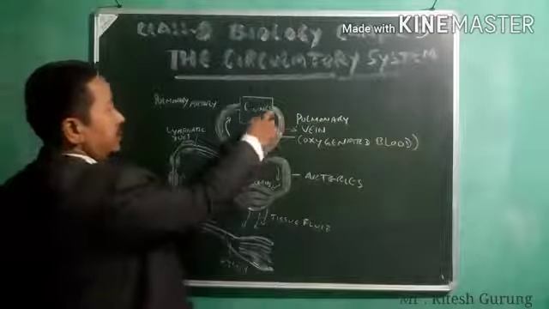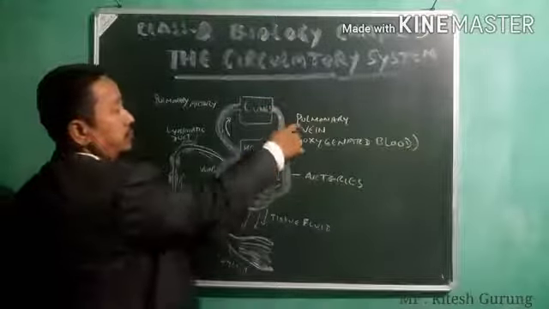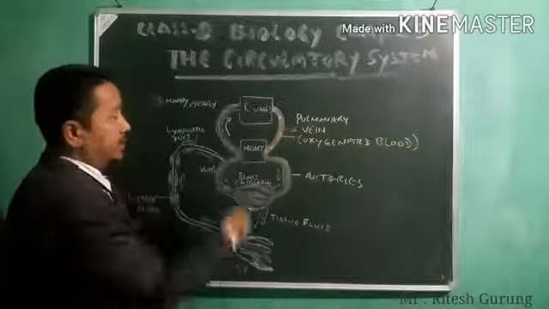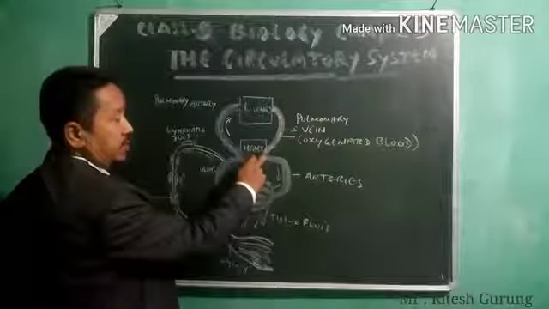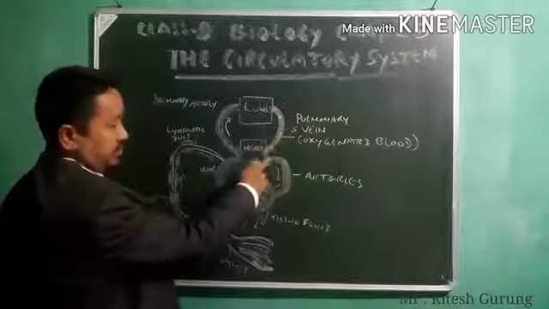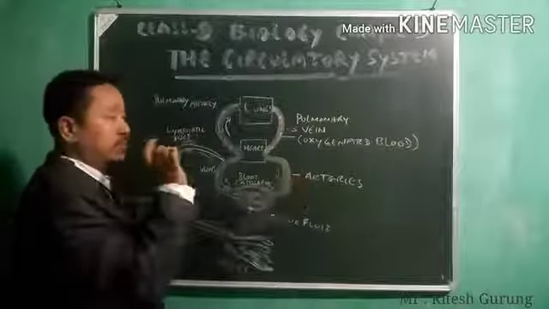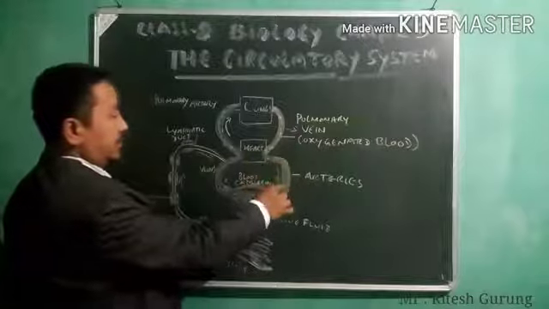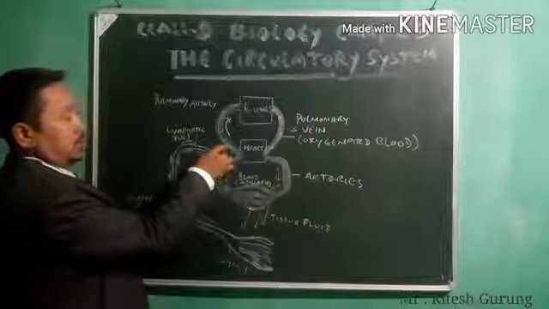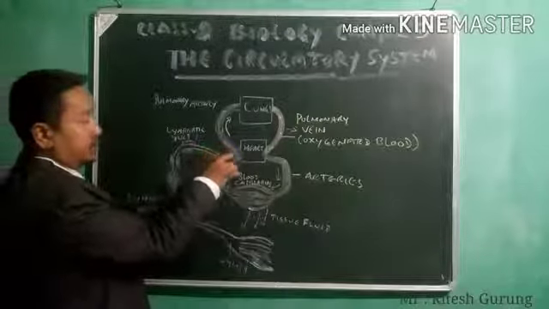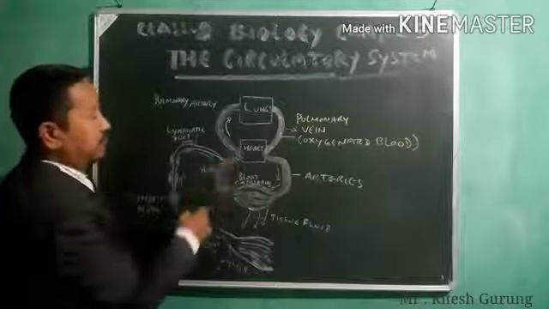From here to here you find the pulmonary vein. From the heart, what is coming out is the artery. And the other side, in bluish color, from here to here you see veins.